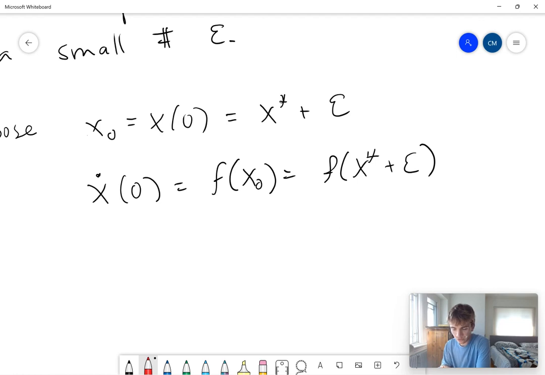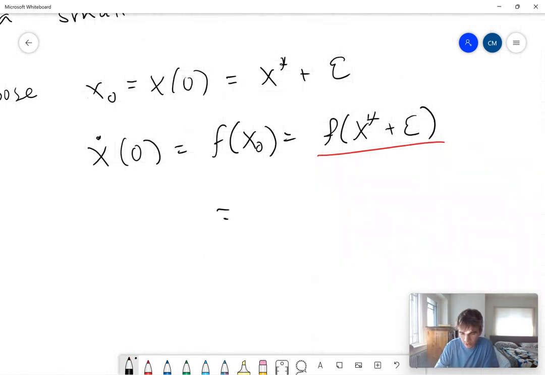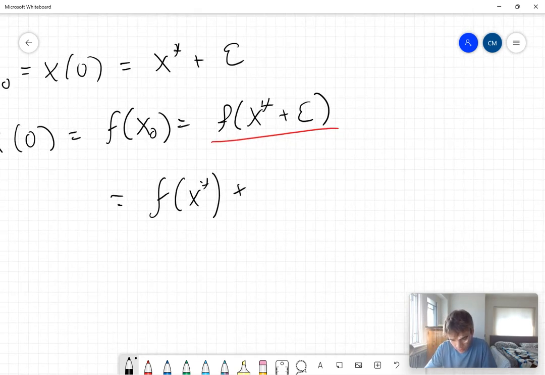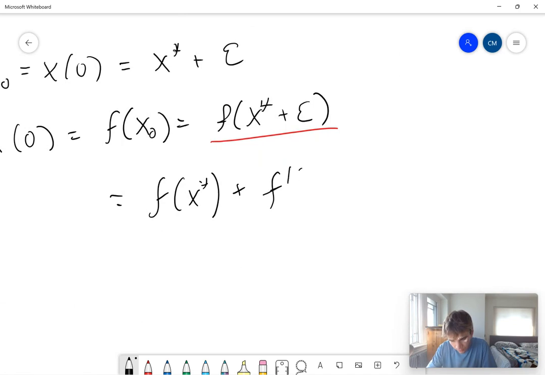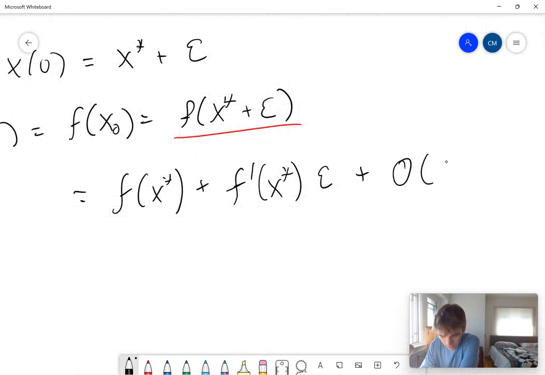And now I'm going to use a trick where I Taylor expand this term about x star, because epsilon is a very small number. So Taylor expanding will give us f of x star plus f prime of x star times epsilon plus terms that are of order epsilon squared.